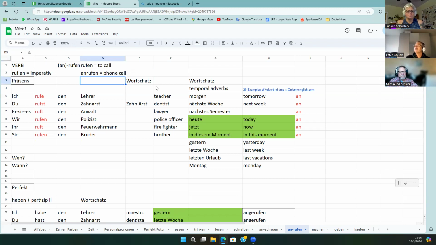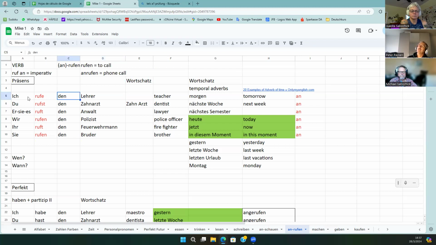And so now we're going to go into a few more vocabulary words. We have already learned how to divide the verb: ich rufe, and then the back is an. Now we have a few people we're going to call. We're going to call den Lehrer. So accusative changes der, masculine, into den.